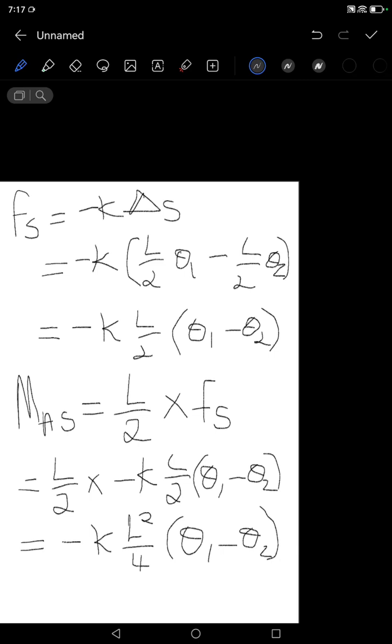Remember, here we're dealing with Newton's second law. And Newton's second law here is going to be the sum of all moments at A is equal to the moment of inertia multiplied by acceleration.